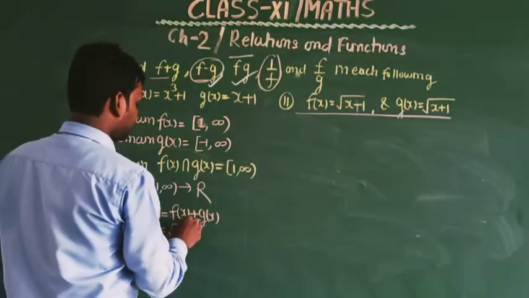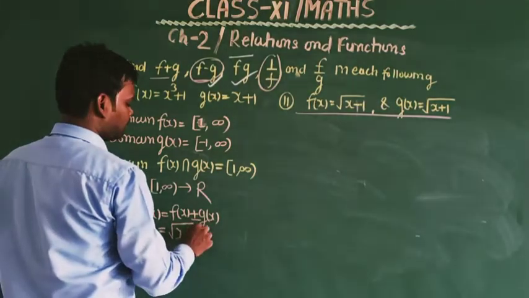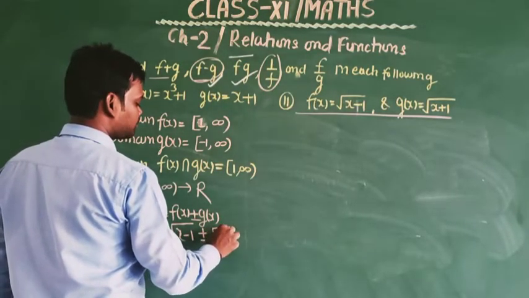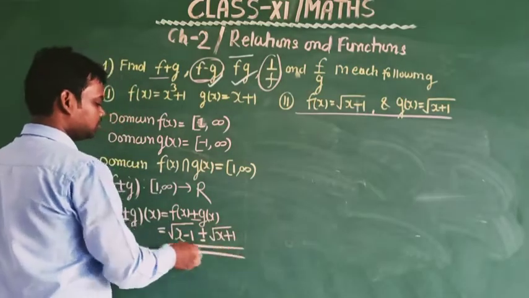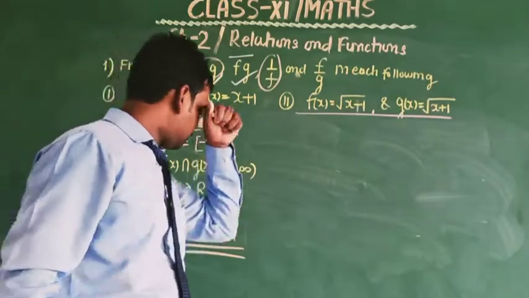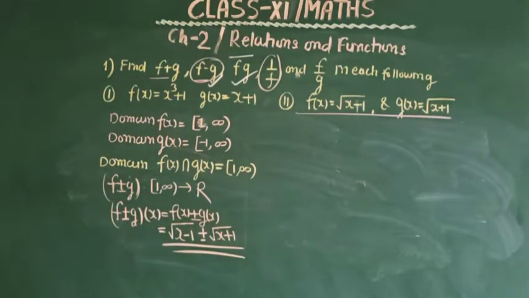So fx is square root x minus 1 and gx is square root x plus 1, giving square root x minus 1 plus minus square root x plus 1.